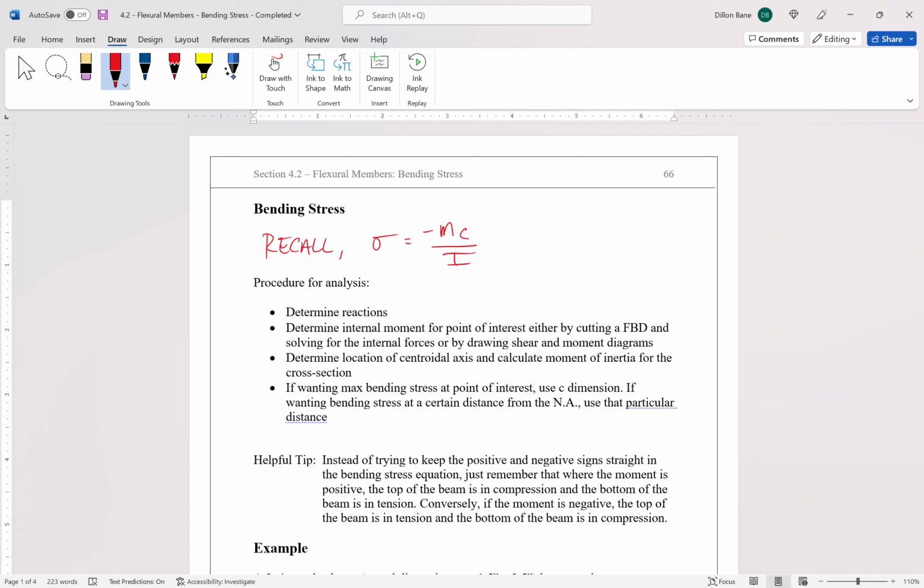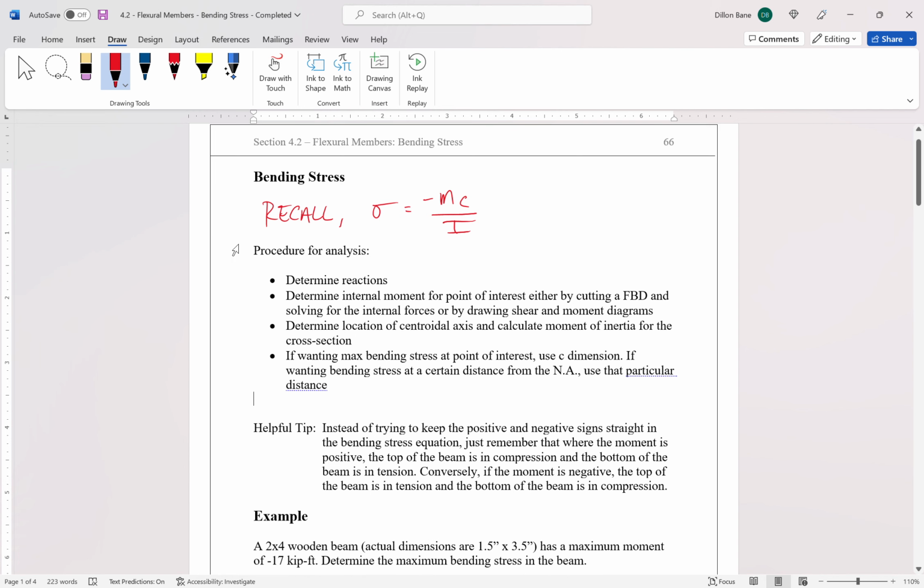So instead of sigma equals P over A, sigma now equals MC over I. That's the difference between axial stress and bending stress: it's how the member itself is loaded. So we're talking about bending now. We're talking about beams. Beams bend, and we're going to start calculating actual bending stress of beams.